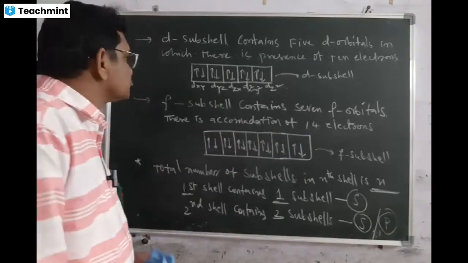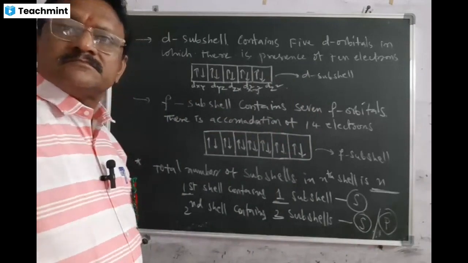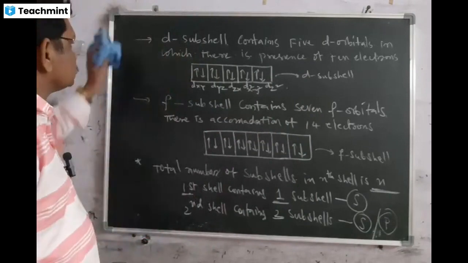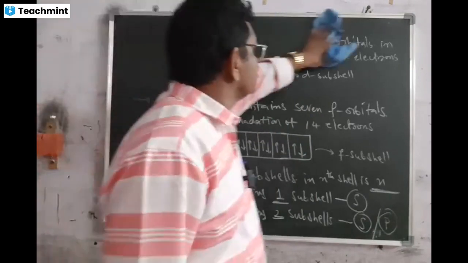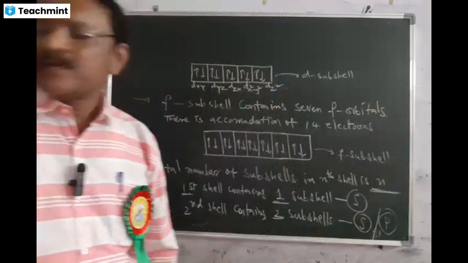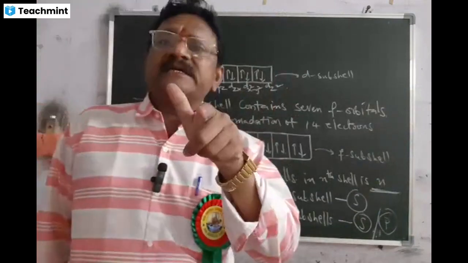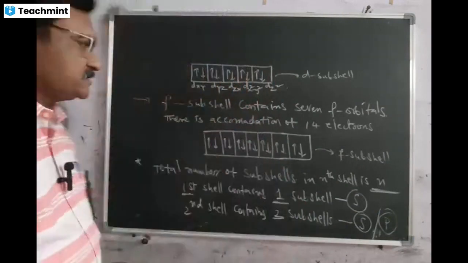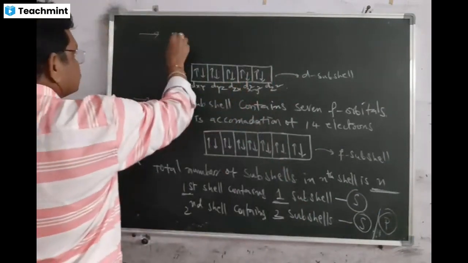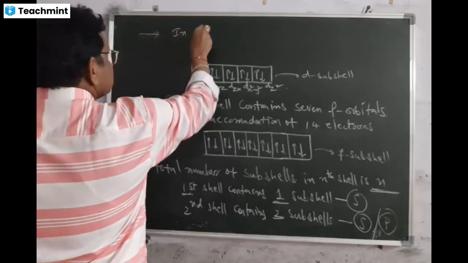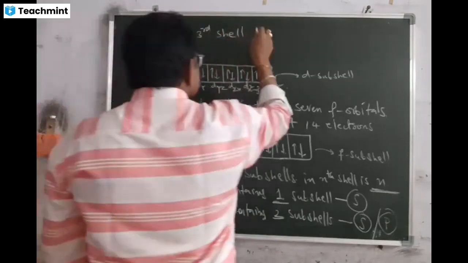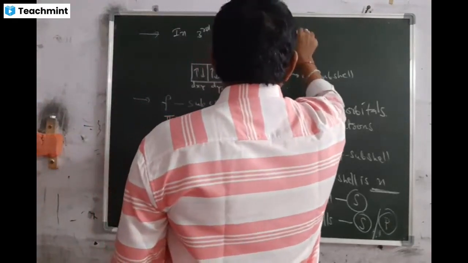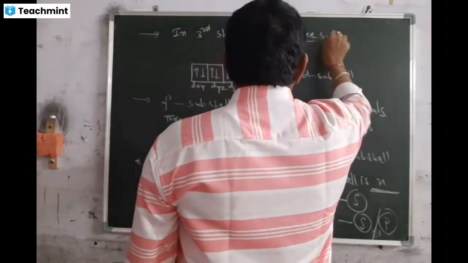Here, Lucky. Okay. In the same way, in the third shell, how many subshells are there? 3 subshells. See, write down: in the third shell there are 3 subshells.